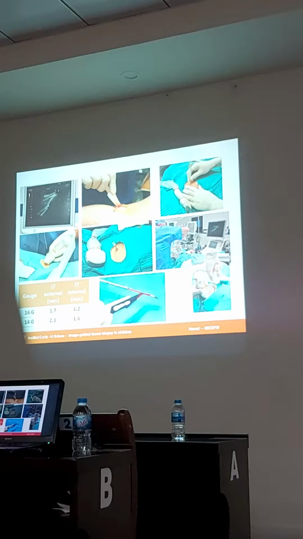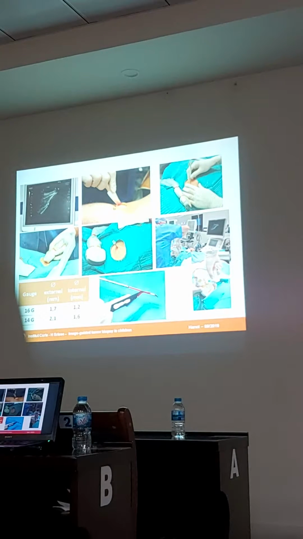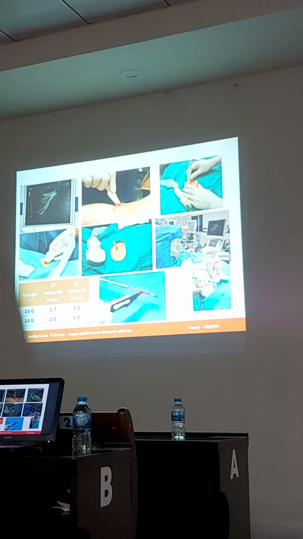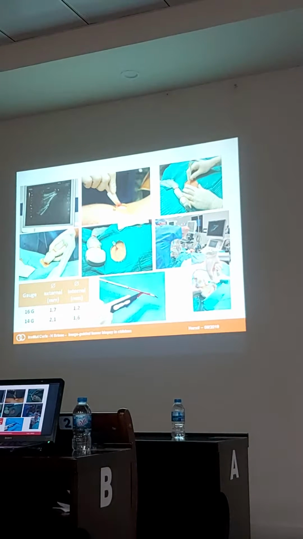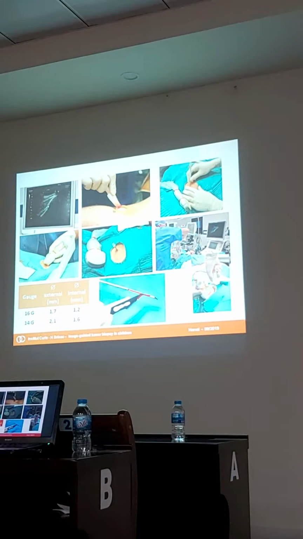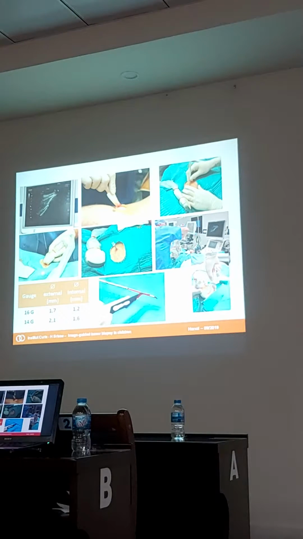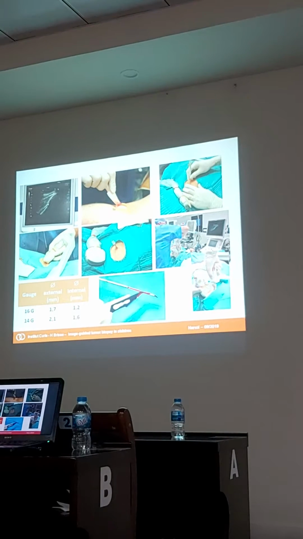So we usually use 16 or 14 gauge needles, which correspond to an internal diameter of 1.2 to 1.6 millimeters. So this is an example. You clean the skin and you put the probe to follow the needle in real time.